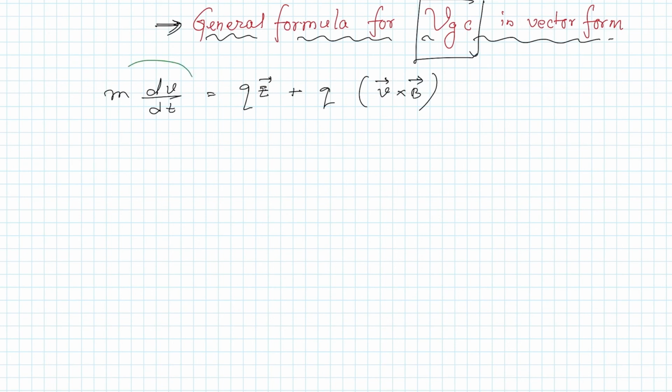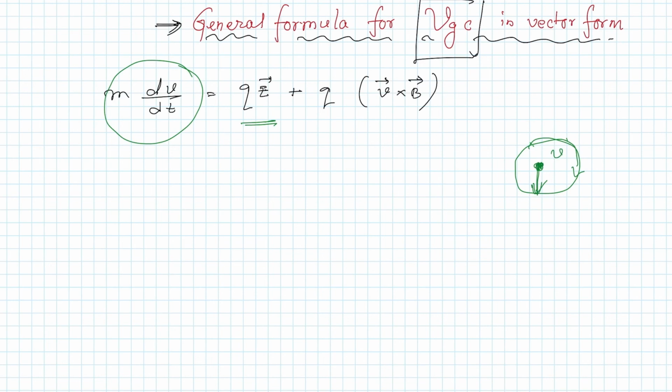Here you see the term on the left hand side represents the circular motion only. It doesn't represent the motion due to this electric field, it doesn't represent the drift of the guiding center.